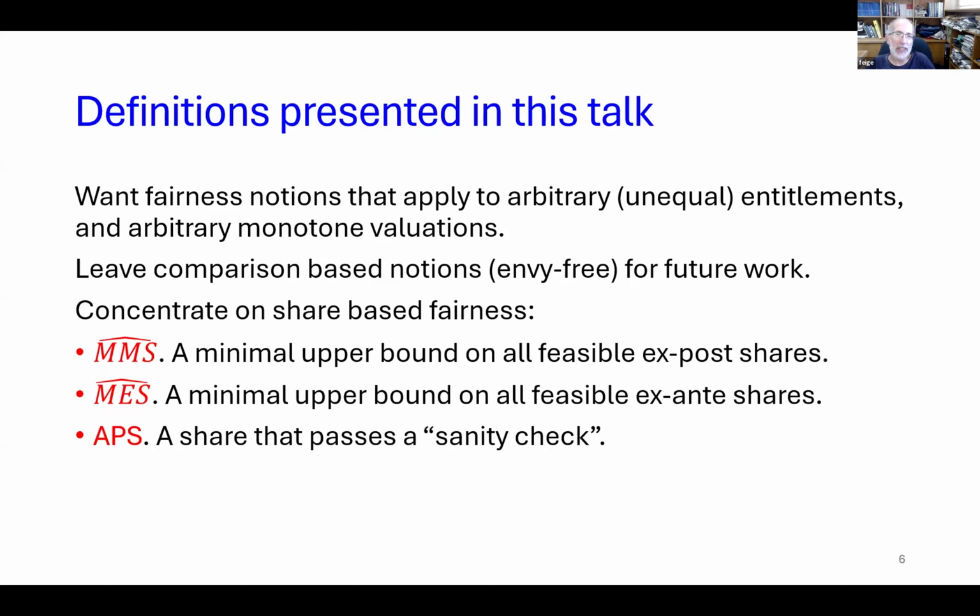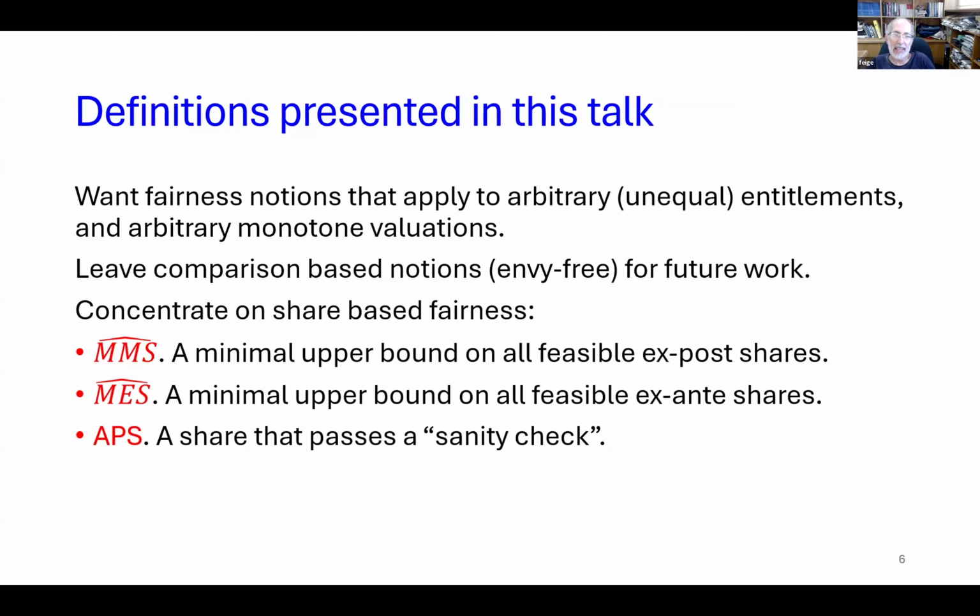Instead, we'll concentrate on share-based fairness notions. And we'll see 3 shares. One is MMS hat. That's a minimal upper bound on all feasible ex post shares. We'll see MES hat, maximum expectation share, which is a minimal upper bound on all feasible ex-ante shares.